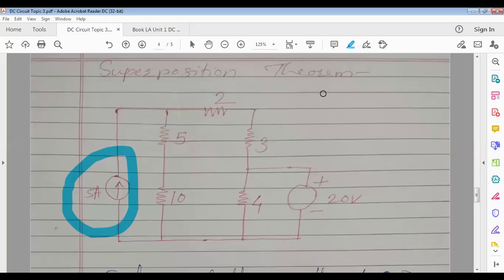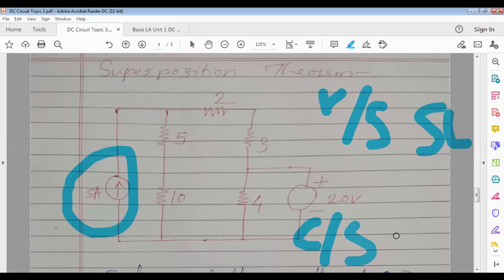Inoperative means what? If voltage sources are there, make them short, and if current sources are there, make them open. Got it? Whenever you apply the superposition theorem, consider a single source at a time.